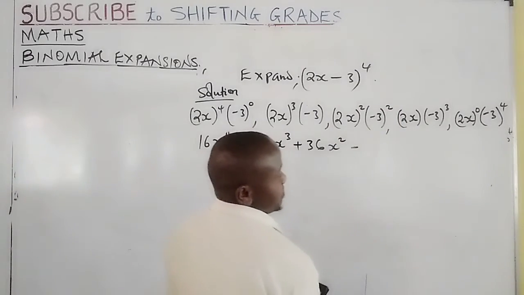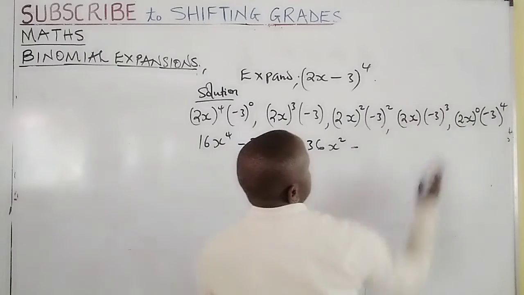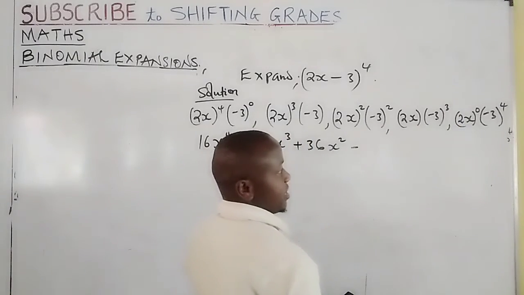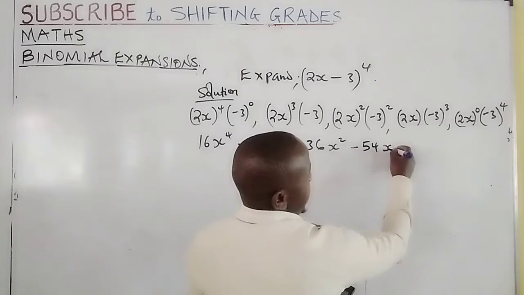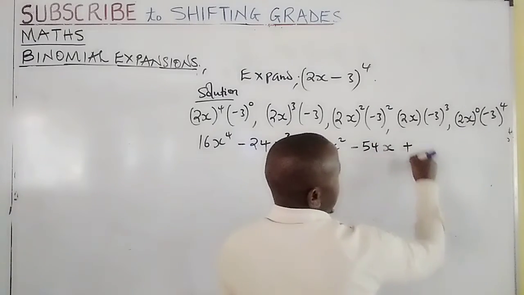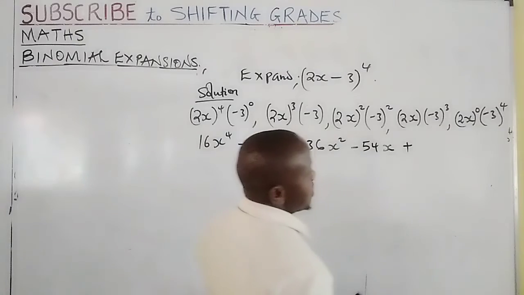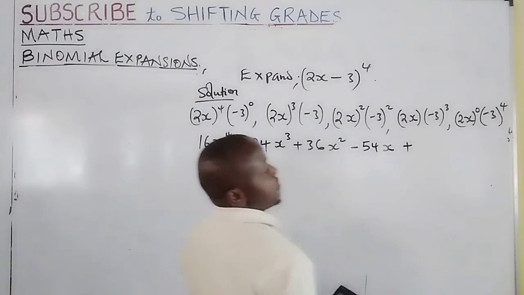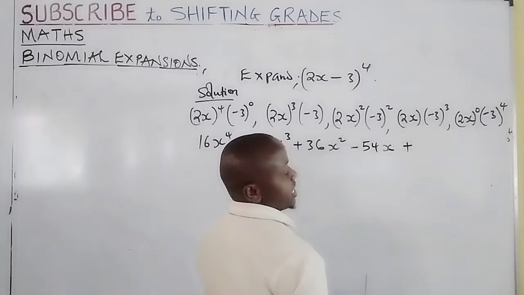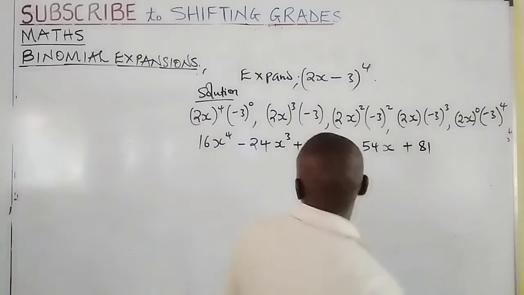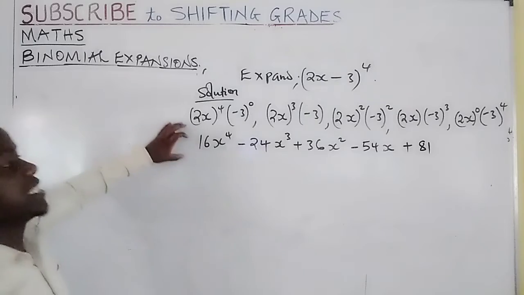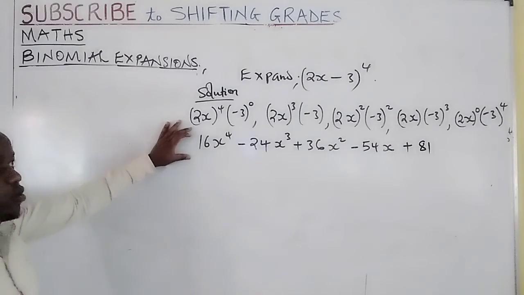This becomes a minus because negative 3 power 3 is negative 27. Negative 27 by 2 becomes negative 54, x to power 1, plus this becomes x to 0. Negative 3 to power 4 will be positive 81 because the power is even. So this is the expanded form without coefficients.